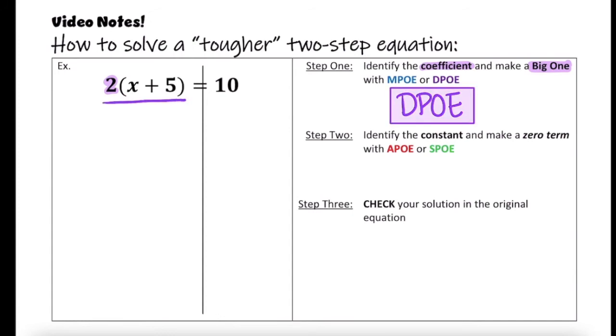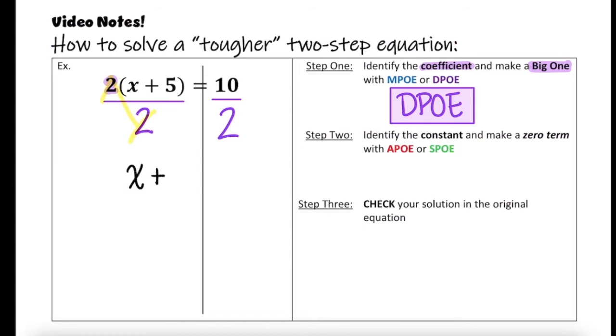So here's what that looks like. If I divide this side by 2 and divide the right side by 2 as well, you can actually see a big 1. It's right here. 2 divided by 2, well, that's just 1, which means we have one set of x plus 5 left.